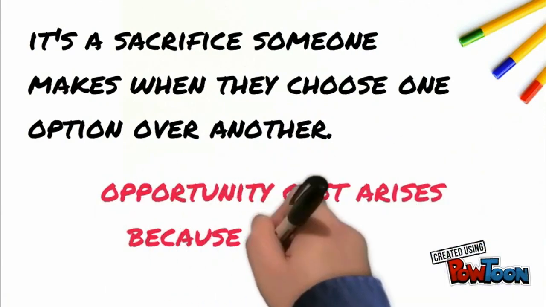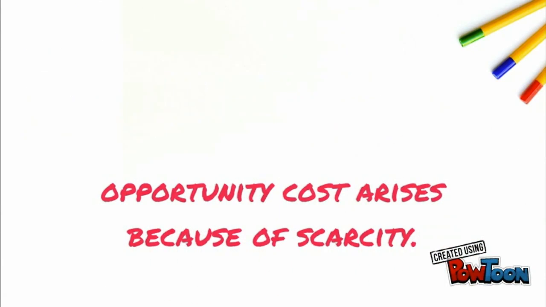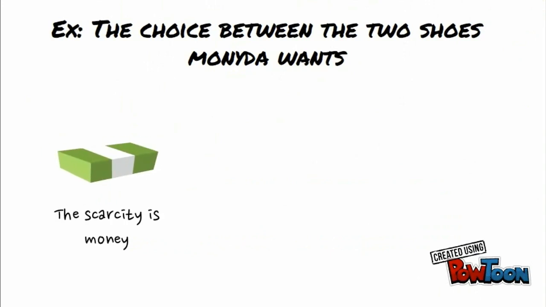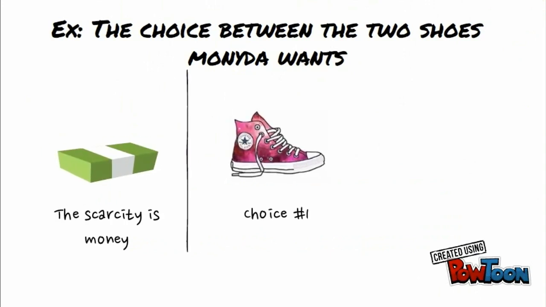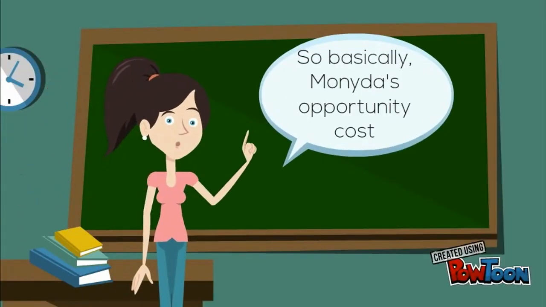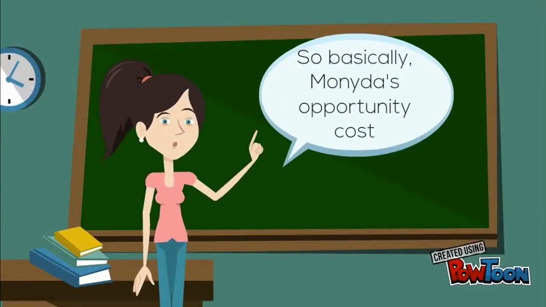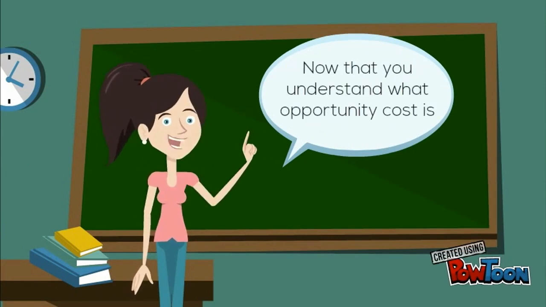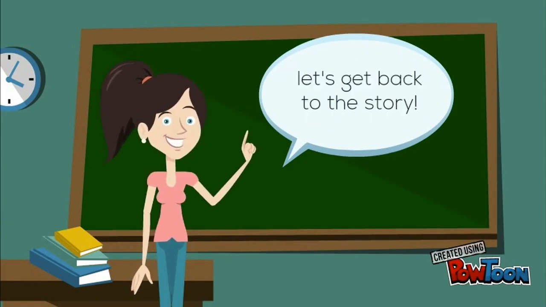Opportunity cost arises because of scarcity. For example, the choice between the 2 shoes Monita wants. The scarcity in this case is money. Choice number 1 is a shoe that's on sale, and choice number 2 is a shoe that's limited edition. So basically, Monita's opportunity cost is a shoe she didn't purchase. Now that you understand what opportunity cost is, let's get back to the story.